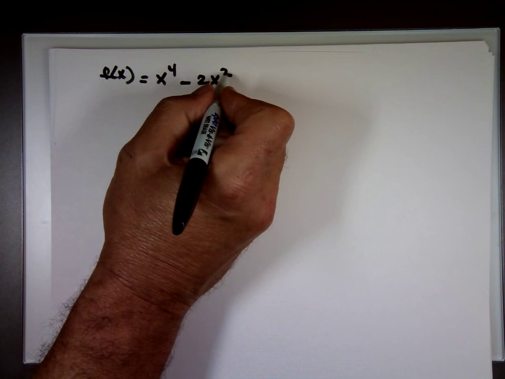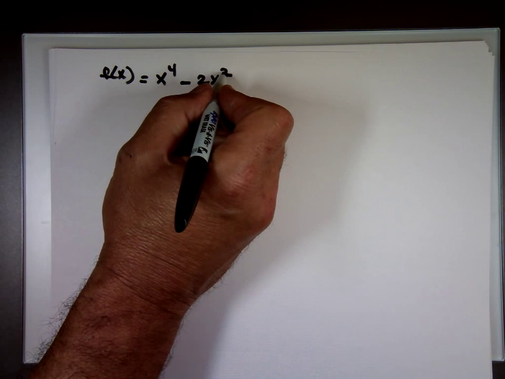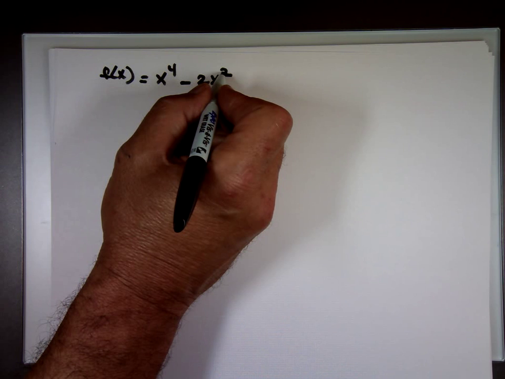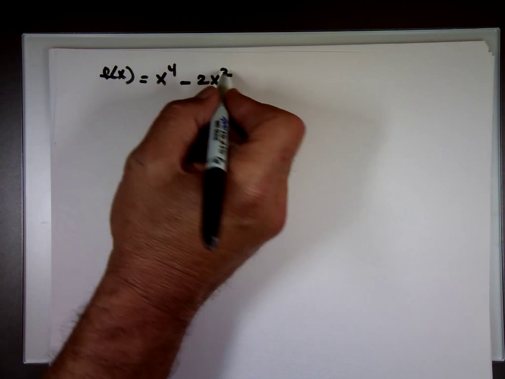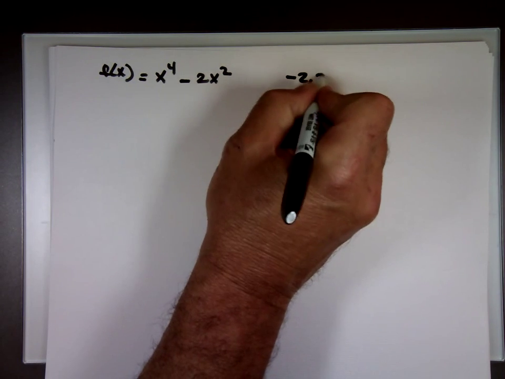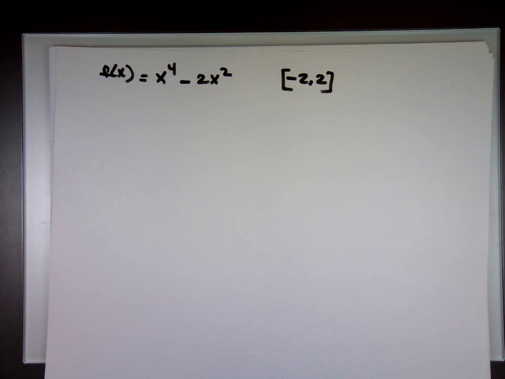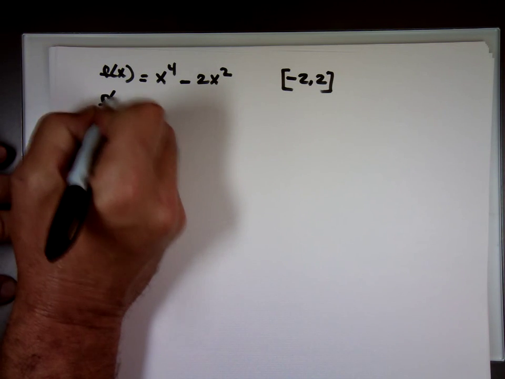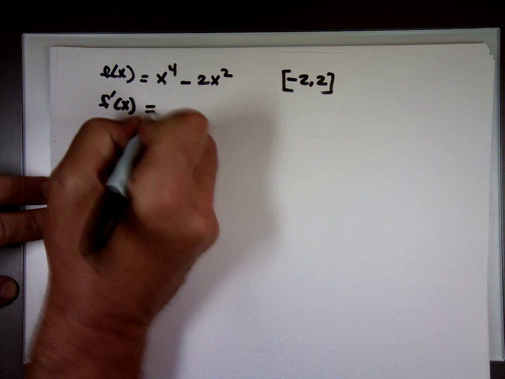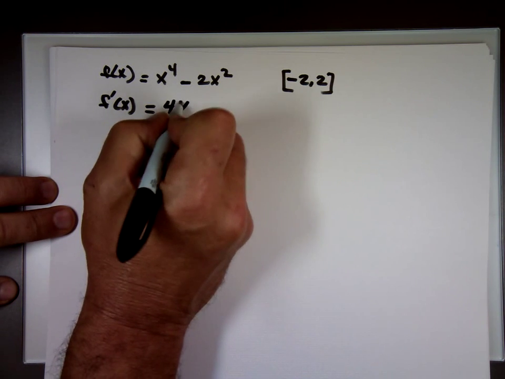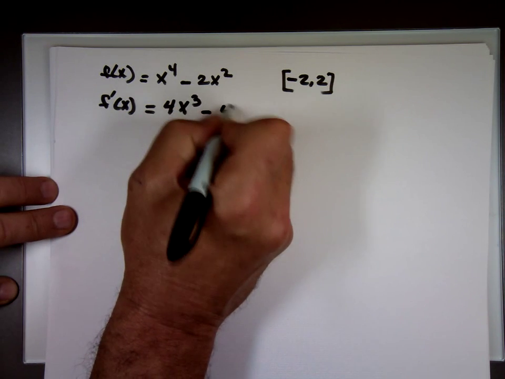And x between minus 2 and 2. We're going to need the derivative. Might as well find it right now. What's the derivative? 4x cubed minus what? 4x.